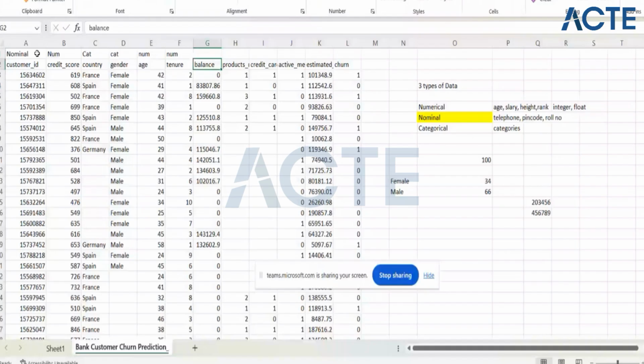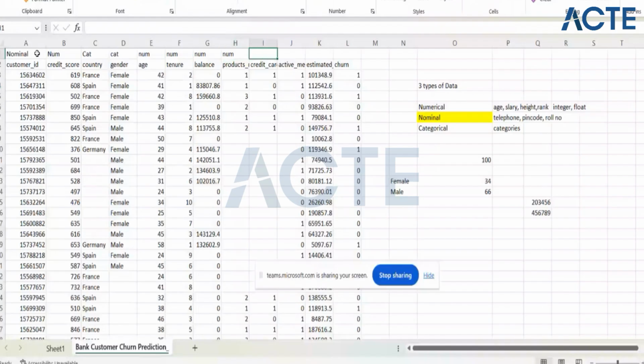Product number. So the number of products that particular person has purchased. Numerical. Okay, now this one, credit card. Credit card is nominal, sir.